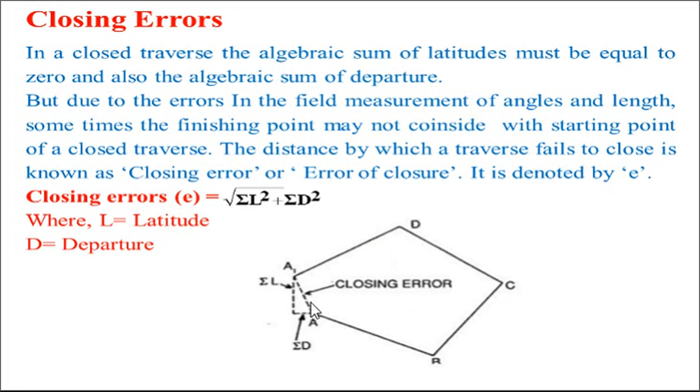So this A dash A is called the closing error, and this is the summation of departure and this is the summation of latitude. To calculate this closing error, we use the Pythagoras theorem, and by that we will get the value of e.